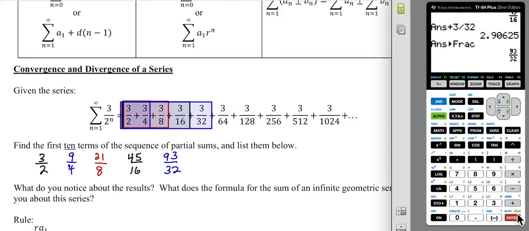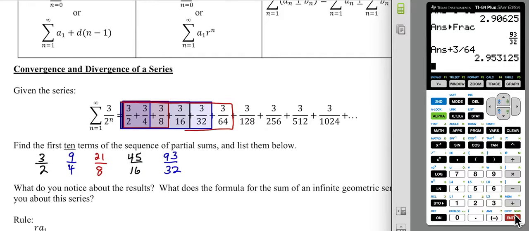So we're up to 5 terms of the sequence of partial sums. Next up would be 3 over 64. That's adding the next one in. Math frac that one: 189 over 64.